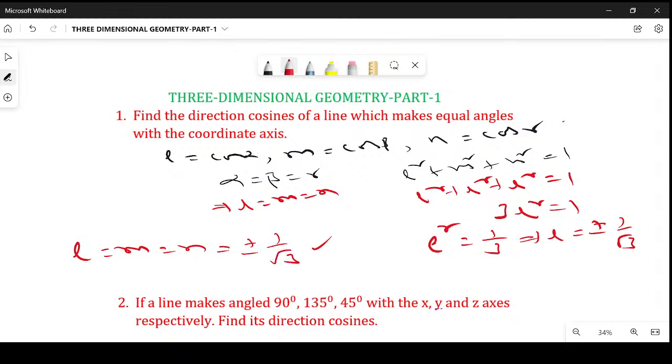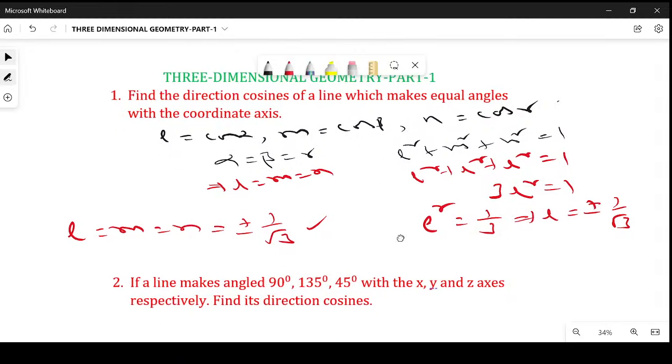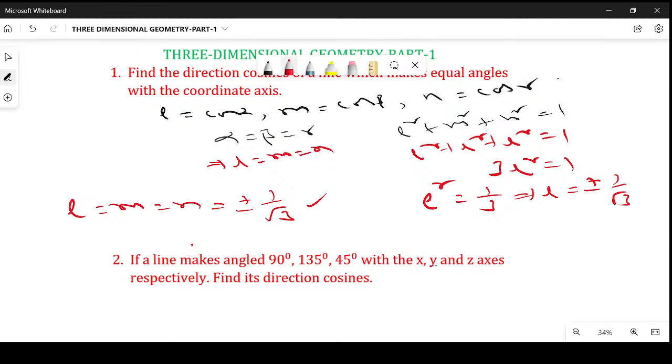Correct, we can consider like this with the coordinate axes. So directly I can write the direction cosines as 1 by root 3, 1 by root 3, 1 by root 3, because all the angles are equal, right?